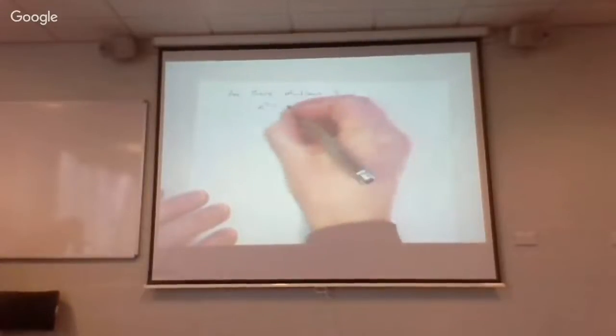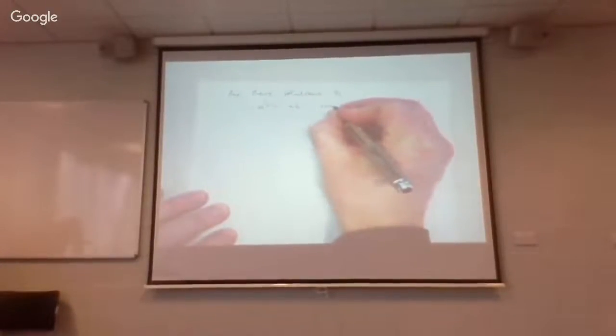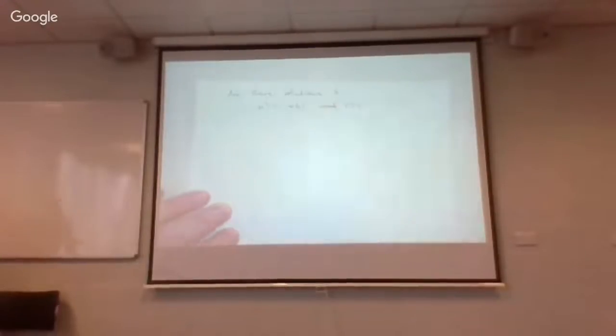Are there solutions to x squared being congruent to 461 modulo 773? So 773 is a prime.